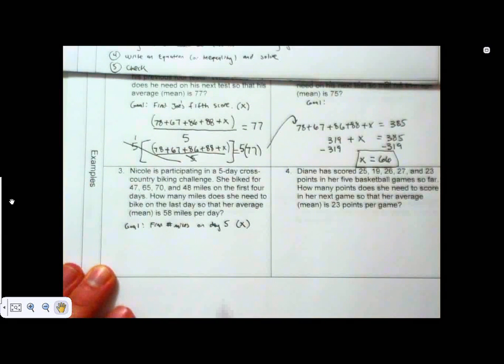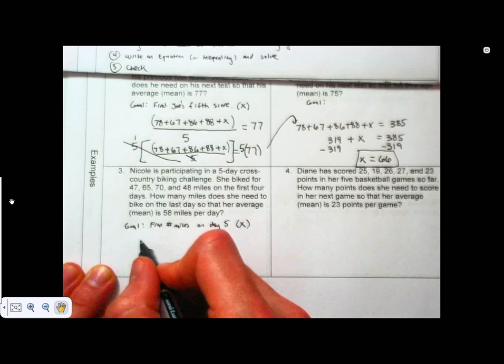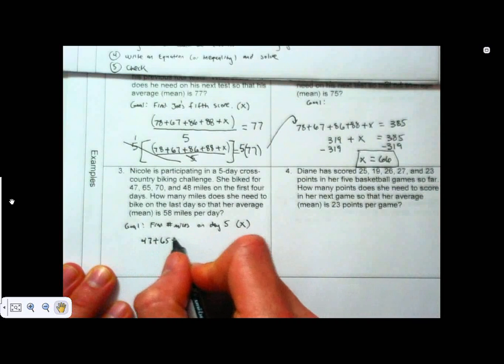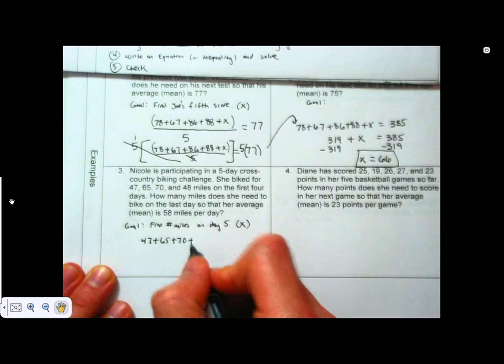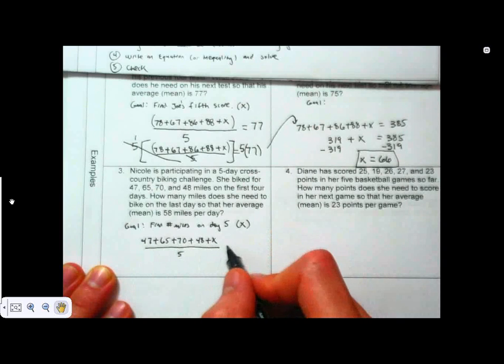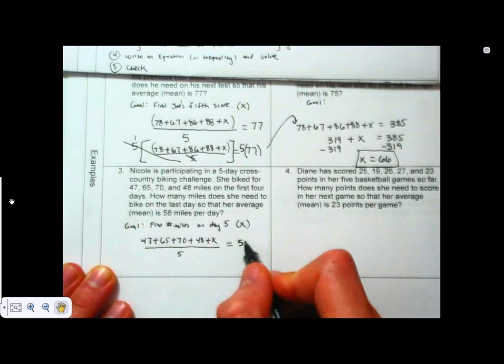What we do know, though, is that if we look at the first 4 days, they give us how many miles that Nicole traveled on each of the first 4, and they also tell me her average. So if I incorporate all that information, that gives me 47 plus 65 plus 70 plus 48 plus x divided by 5 has to equal 58.